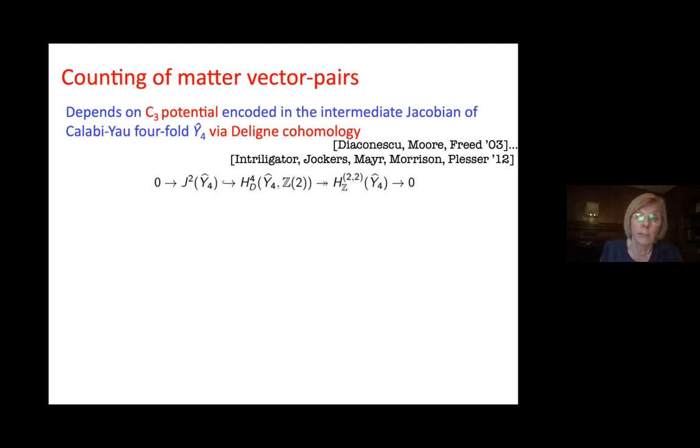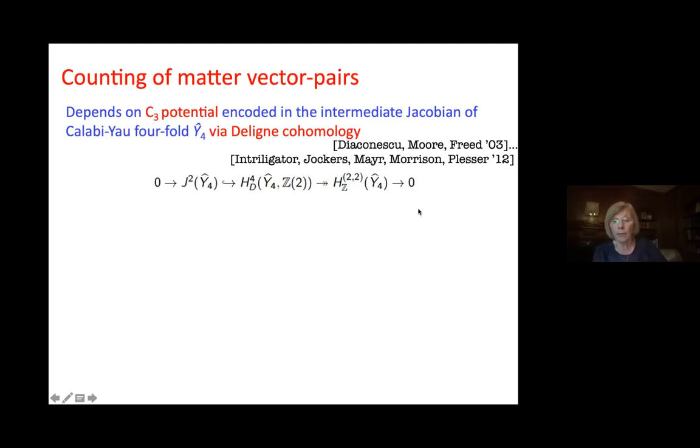The detailed counting of these matter vector pairs depends not on G4 only, but on more detailed information on the C3 potential, which is encoded in the intermediate Jacobian of the Calabi-Yau fourfold via the linear cohomology.